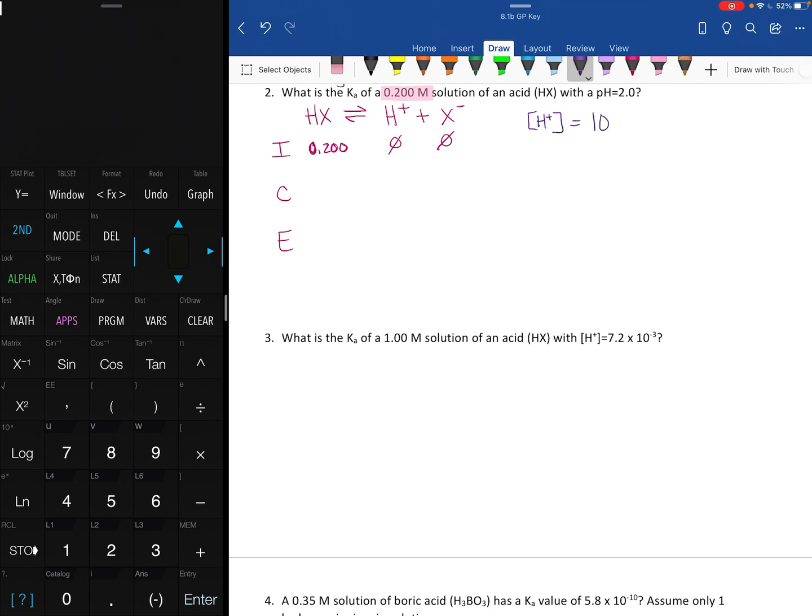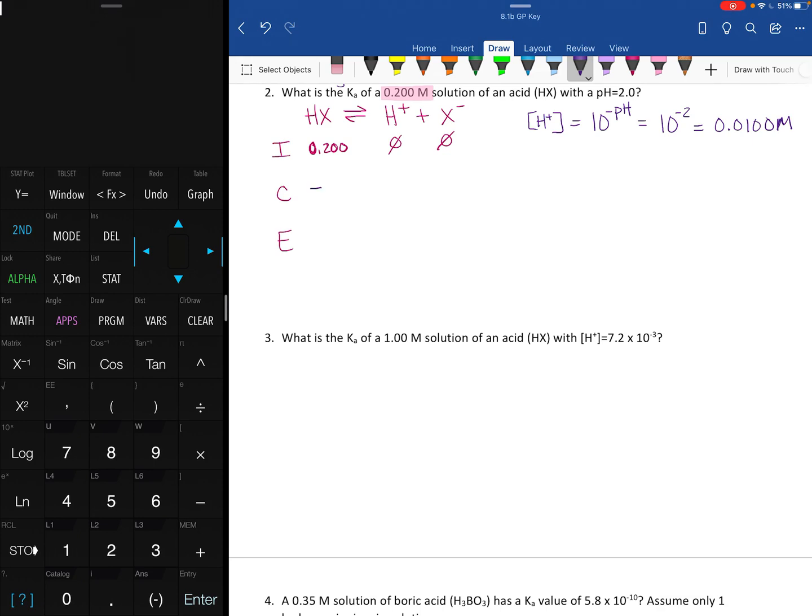And we know what that's going to be because we have pH. So it's going to be 10 to the negative pH, which is 2. So 10 to the negative second is going to give us 1 times 10 to the negative second, or 0.0100 molar. Okay, do molar here. So we know that there's going to be a change of 0.01.